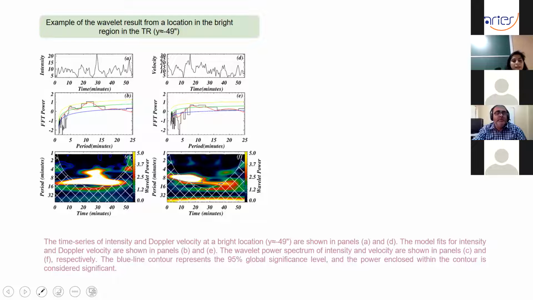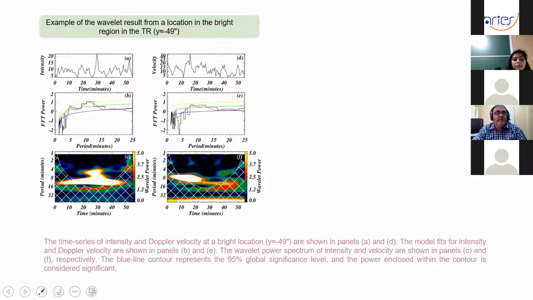Now panels C and F show the intensity and velocity wavelet power spectrum. Panel C corresponds to the intensity wavelet spectrum. Here the dominant power lies within 8 to 16 minutes, while in the velocity, the dominant power lies within 4 to 9 minutes.